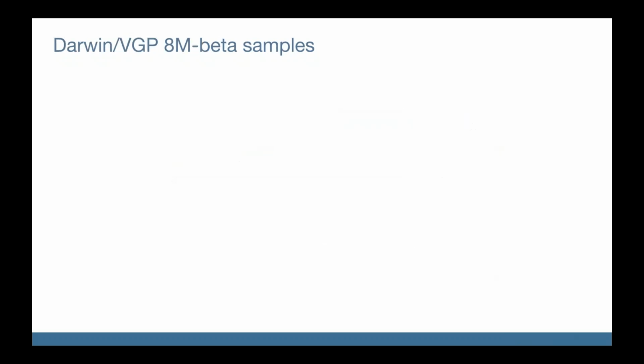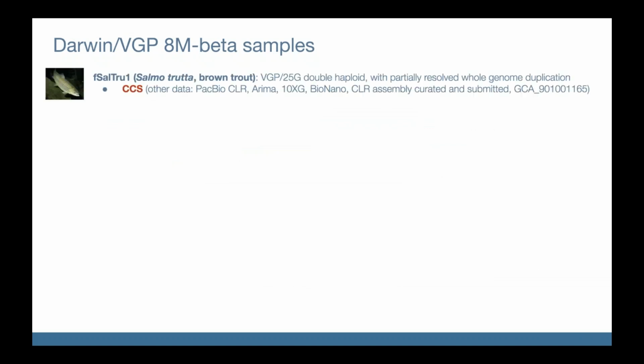In that context, we're evaluating the 8M system, and we ran a number of different animal samples, non-humans mostly, and I'll just run through some of the samples that we're going to talk about here. First off was the brown trout.